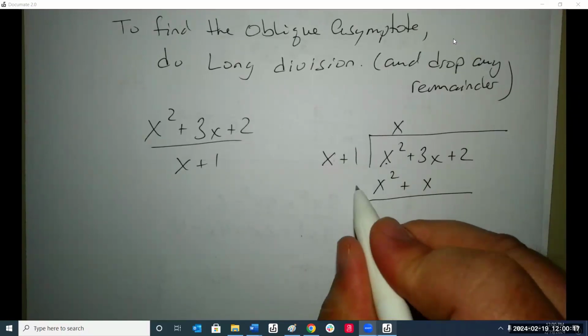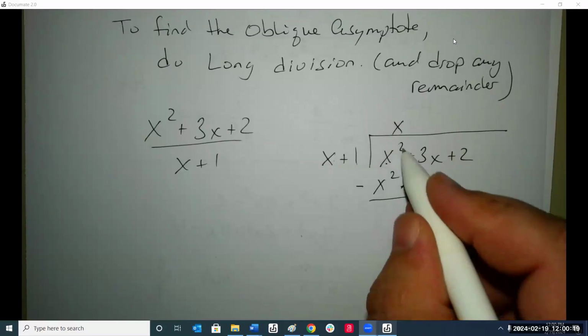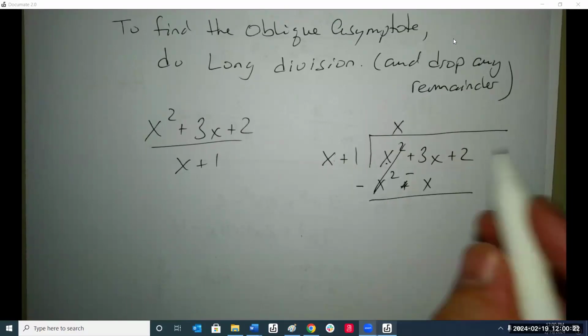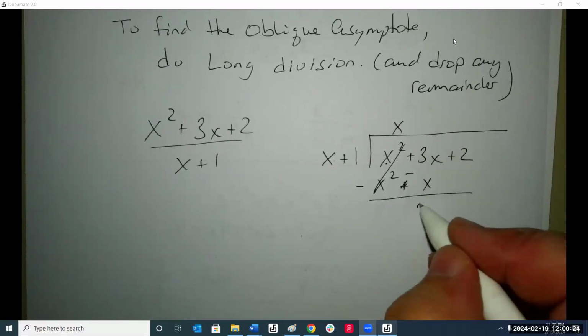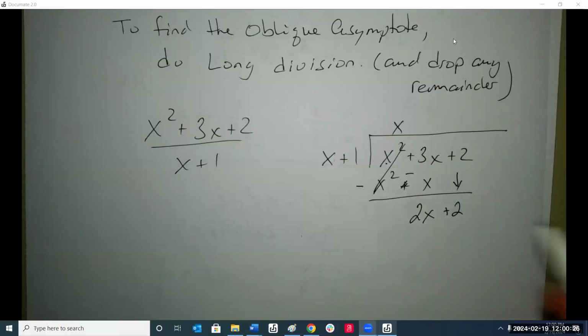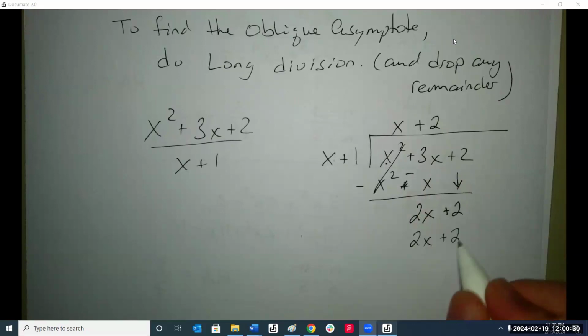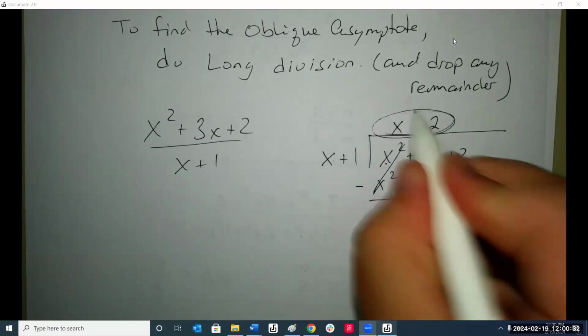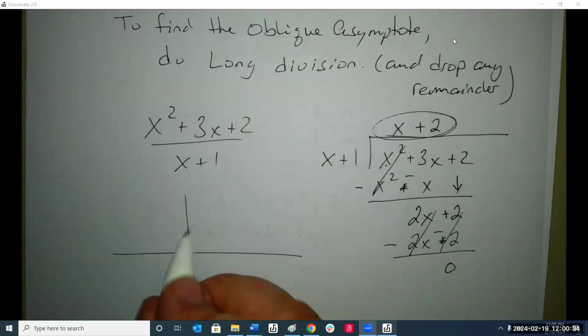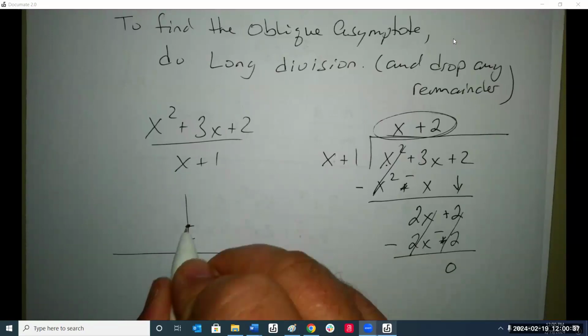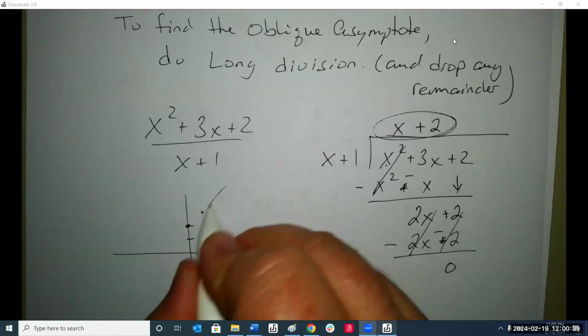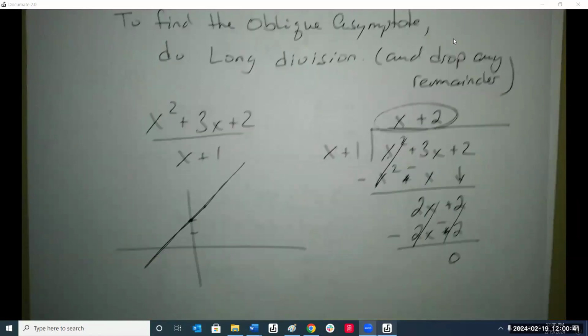Positive 2. 2 times x is 2x. 2 times 1 is 2. Change the signs. This is my oblique asymptote, x plus 2. The oblique asymptote would be like this.